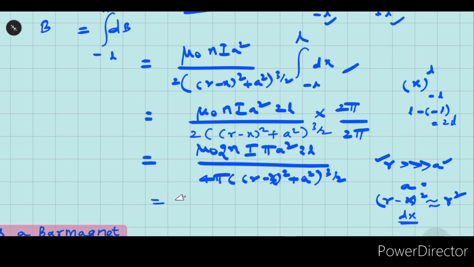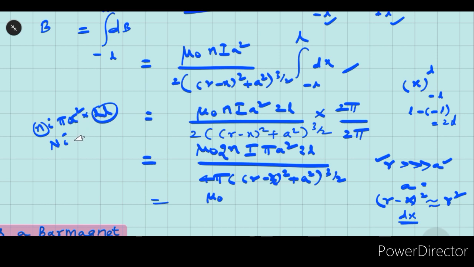Then we can write the above expression as mu naught here n into I into pi r square into L into 2L. Here n into 2L is capital N into I into pi a square.